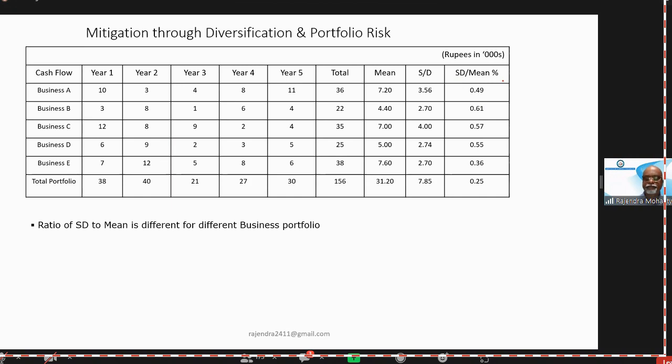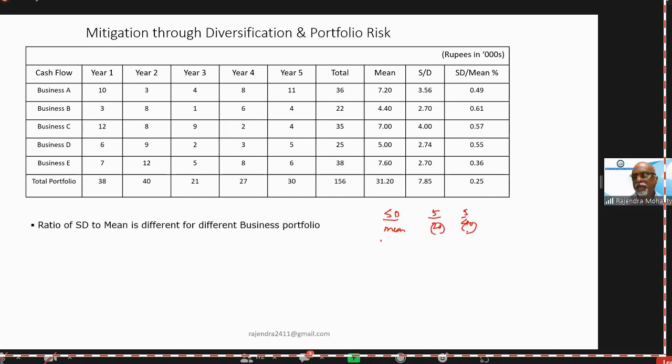Sir, if mean is less, the risk is high, sir. You see what is coming. Calculate whether the mean is less. So mean is less means risk will be high, or mean is more, risk is less. The ratio is SD divided by mean. If your mean is higher, risk will be less. 5 divided by 20, 5 divided by 40.